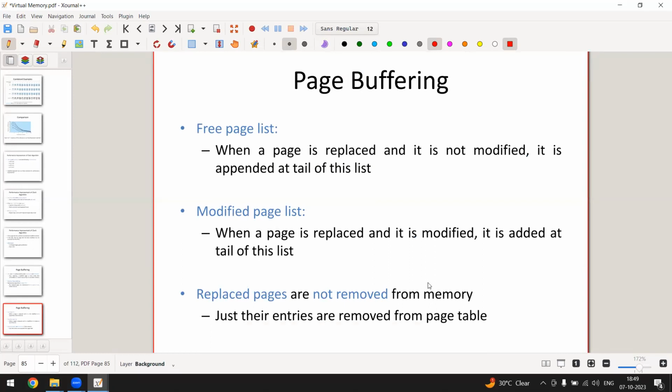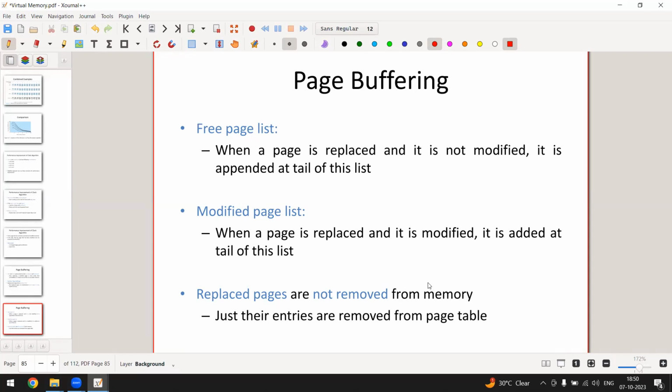So what is the meaning of the free page list? When a page is replaced but it is not modified, it is appended to this list. It means that this page was replaced, but it was not modified by the user, so you can easily discard it.